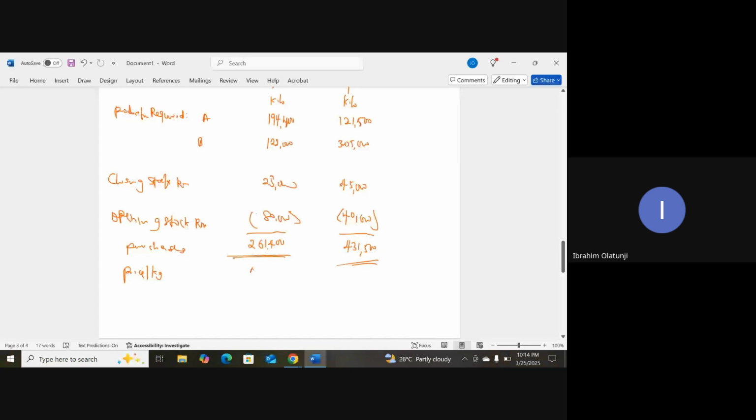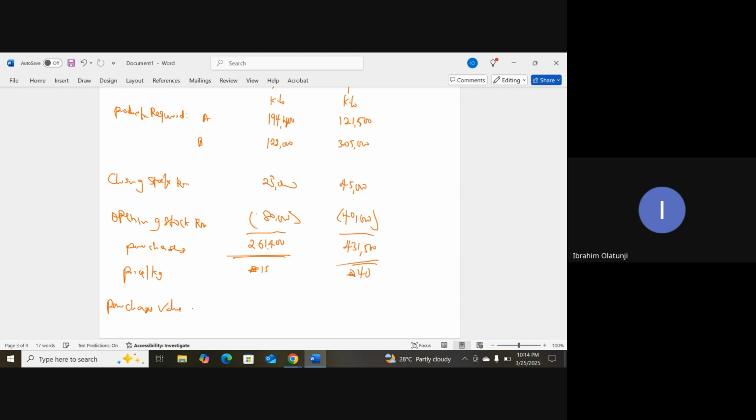So this one will be 15 naira, and this one is 40 naira. We can just use it to multiply, so whatever we get will now be the purchases value.